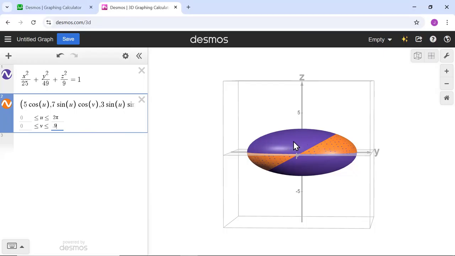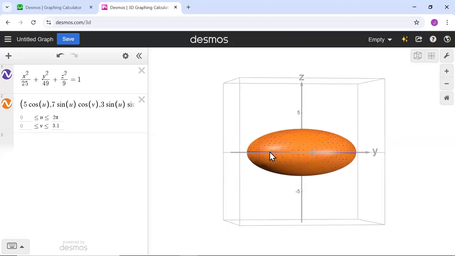And once we end up at like pi over 2, we've gone halfway around the ellipse. We keep going around and around. And by the time you get to 3.1, you get almost all the way around.